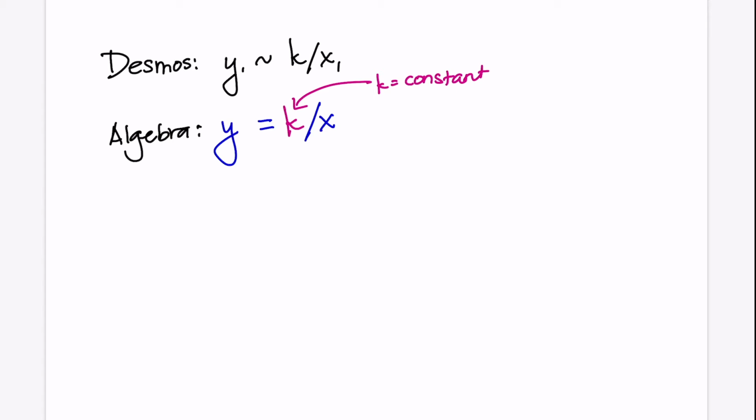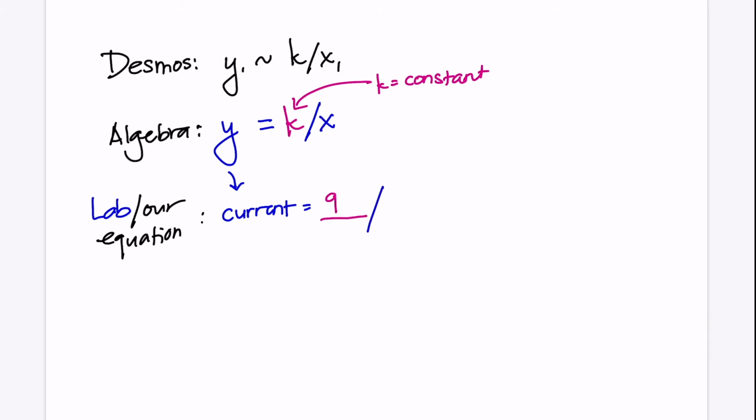Now, your lab equation, or our equation, okay, is going to be whatever the y value was, which is current, is equal to your number, and so I think mine was about 9, divided by resistance, which was our x value.